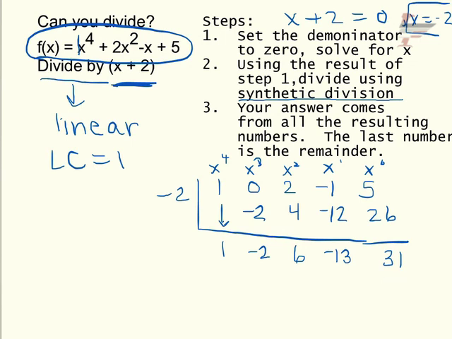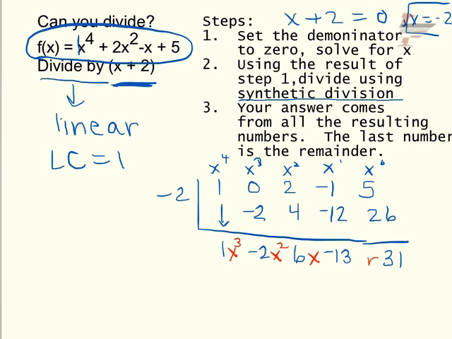Because I took a 4th degree divided by a 1st degree, I know that my answer, my quotient, should be a 3rd degree. So that basically means all of these numbers down here are coefficients, and this is my x to the 3rd, x squared, x to the 1st, and then this is my remainder. Now you can see, first of all, if you hadn't had the 0 here, these numbers would be off in your process, right? So that's very important.